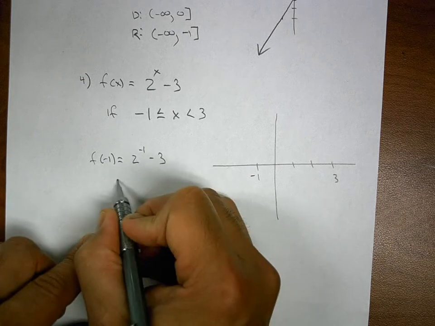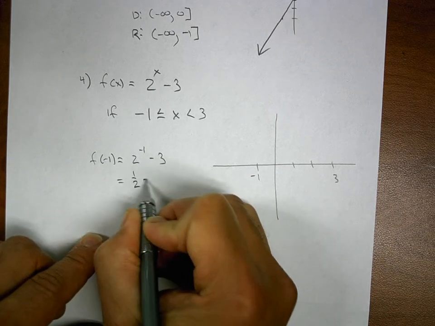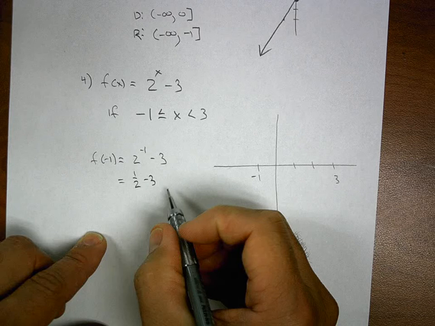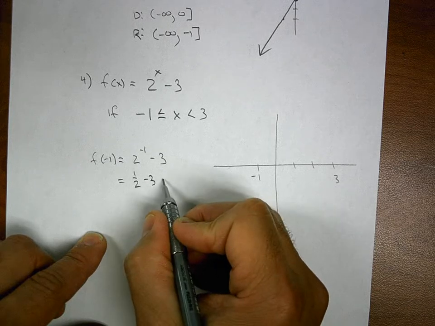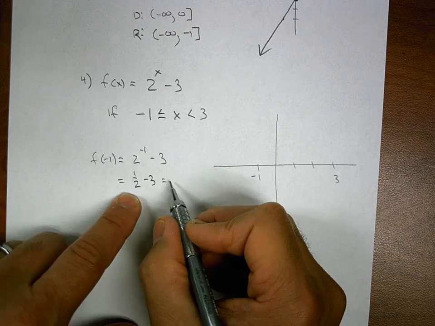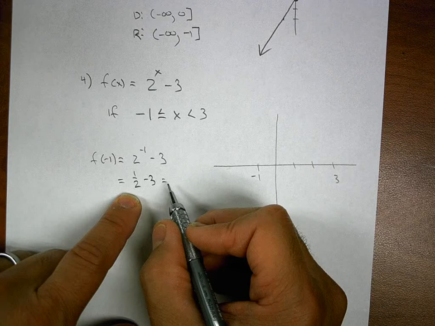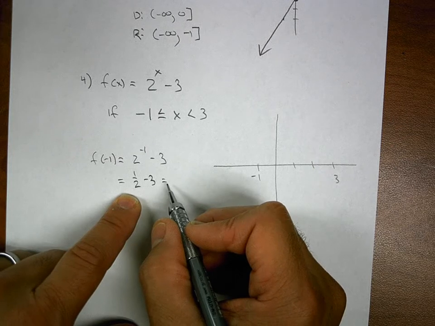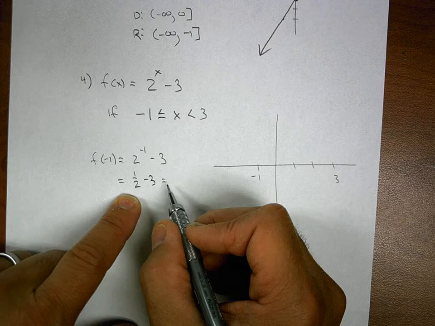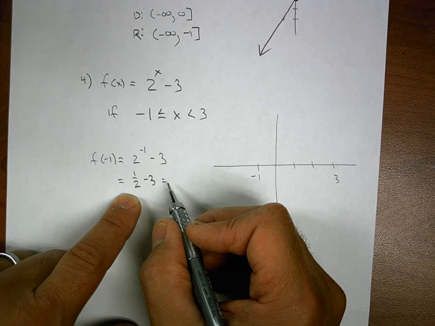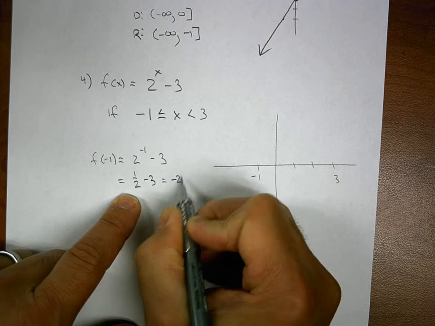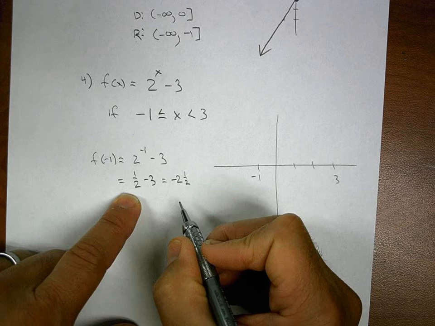Yeah, so that's 1/2 minus 3. Some of us can do that in our heads. What's 1/2 minus 3? -2.5. Okay. So -2 and 1/2. Okay. So there's that.